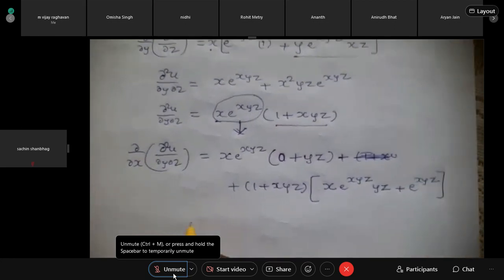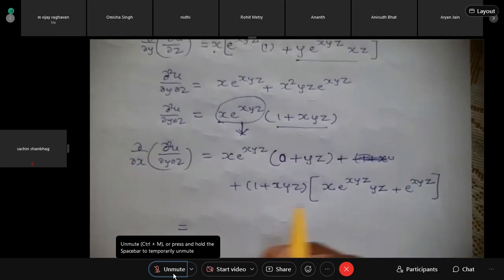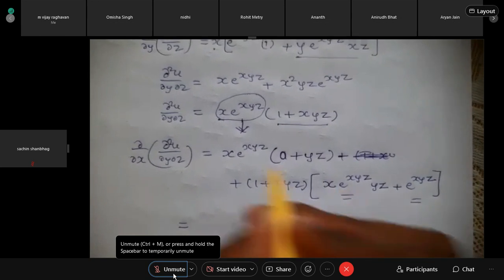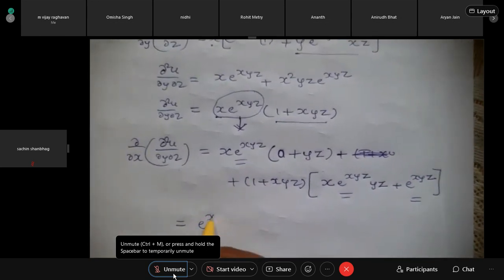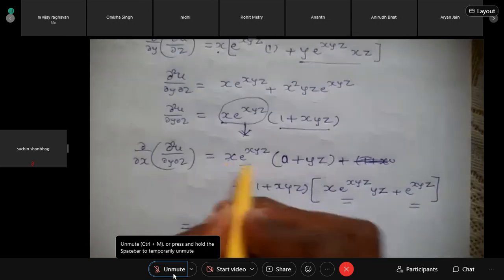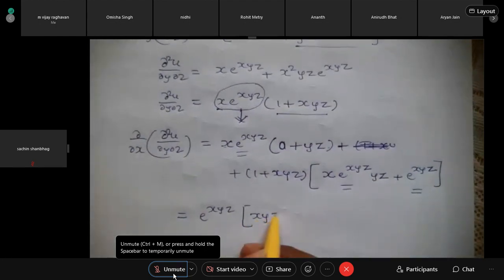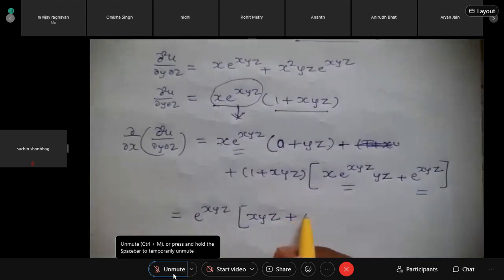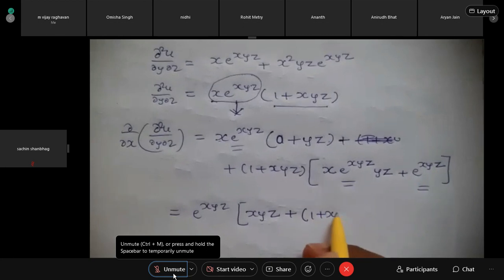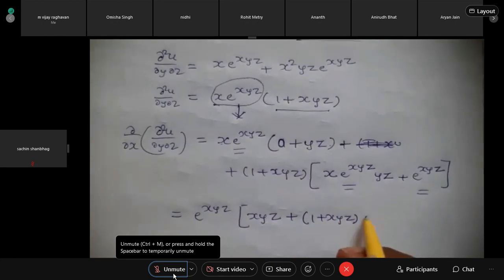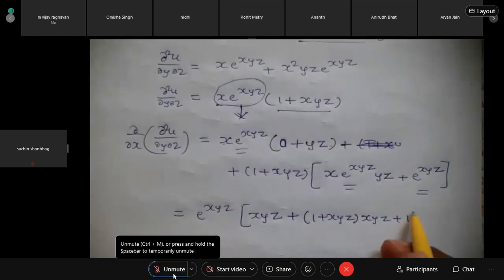Plus e power xyz kept as it is into differentiation of x with respect to x, which is 1. Now if I remove e power xyz as common from all the terms, it will be e power xyz, x multiplied by yz becomes xyz, and the other term is 1 plus xyz multiplied by xyz plus 1.